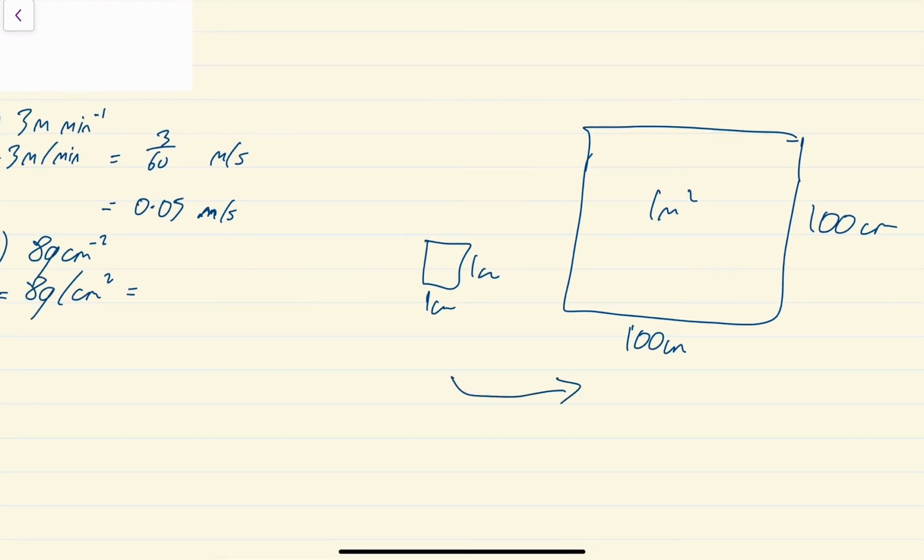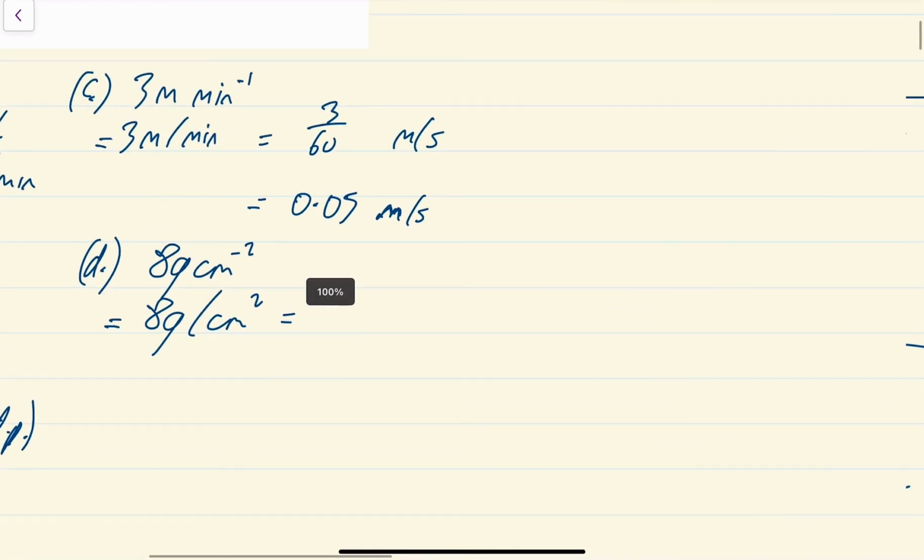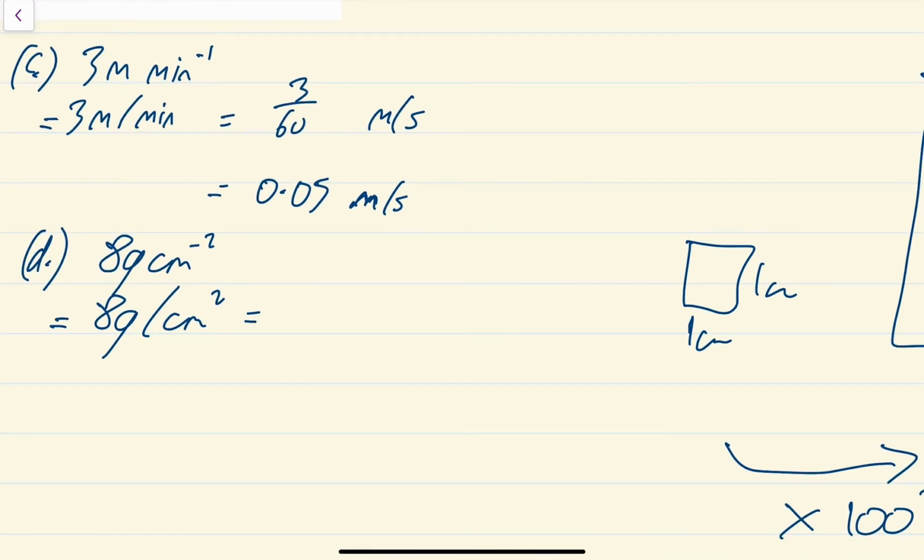So to get from here to here, there's actually going to be 100 times 100, or 100 squared more. That's how much bigger the area is. So if you have 8 grams per centimeter squared, you would multiply that by 100 squared to get it into grams per meter squared. You can change the order you do these things, by the way.